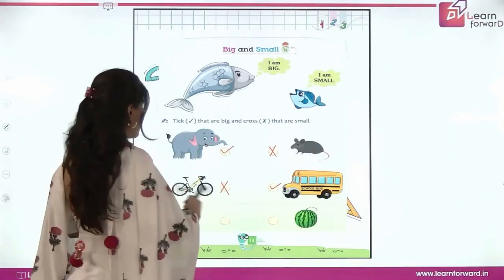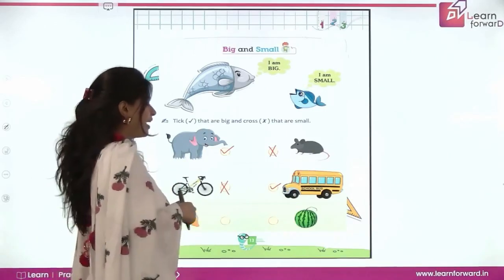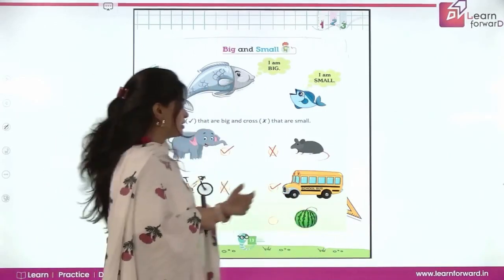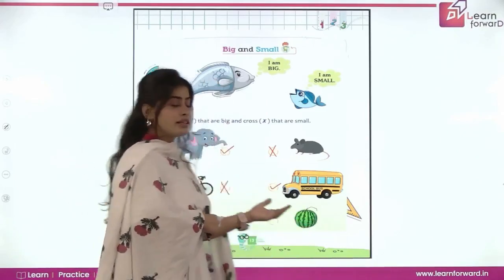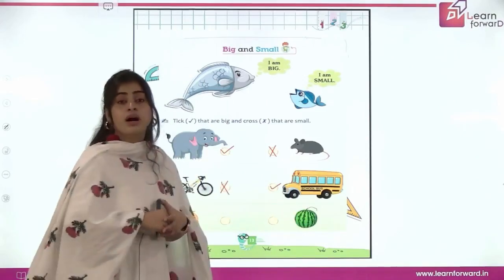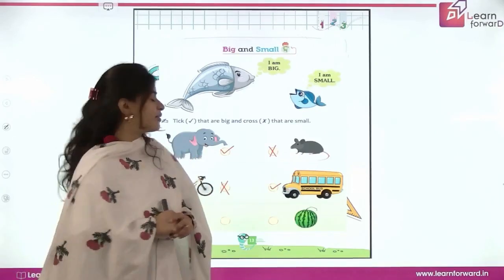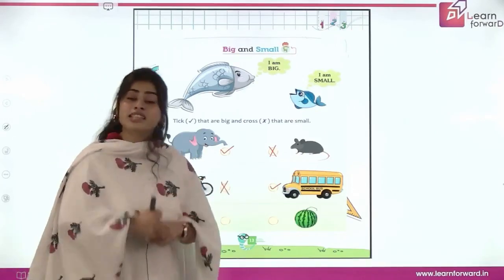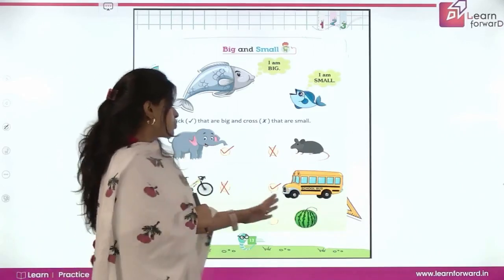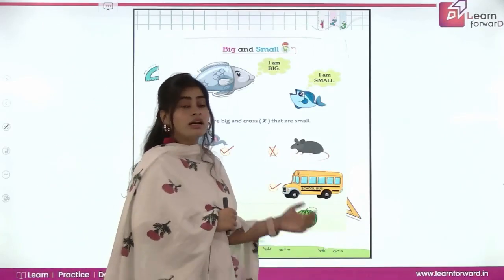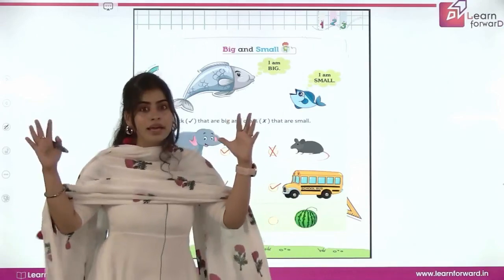Now next one is a mango and a watermelon. This is a watermelon and it's a mango. And do you know both are fruits of summer. Both we eat in summer season. So watermelon is green in color and watermelon is big.